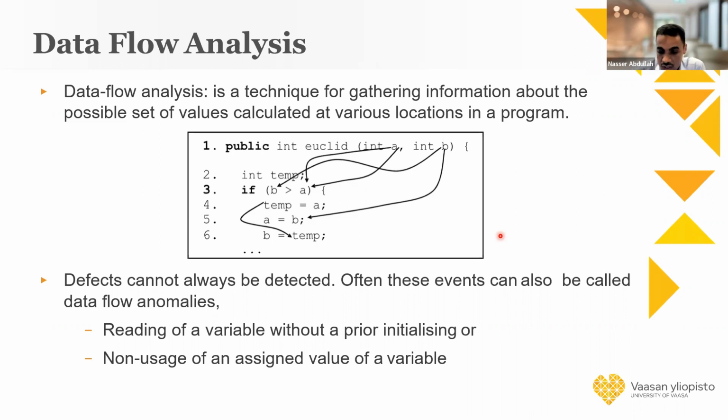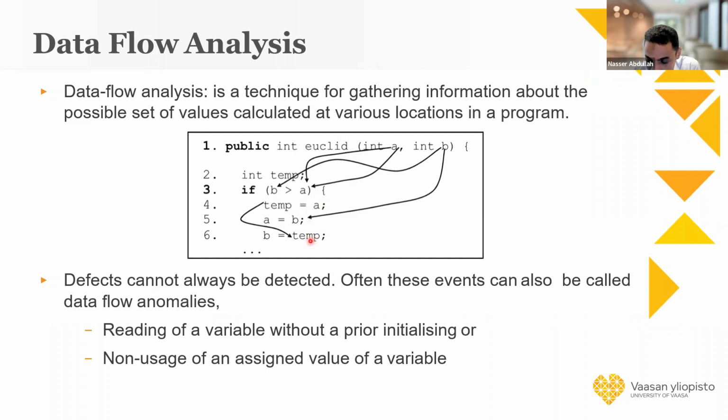Here we will take one method to analyze the data flow, which is use and define. Based on that, you will see whether each variable in my application is used or not used. This program is just for swapping between two numbers. We have A and B, and we want to swap between them.